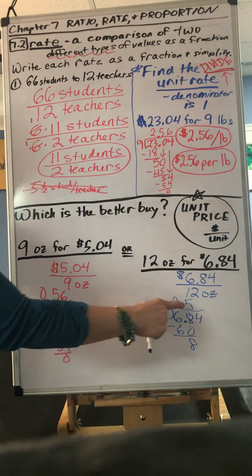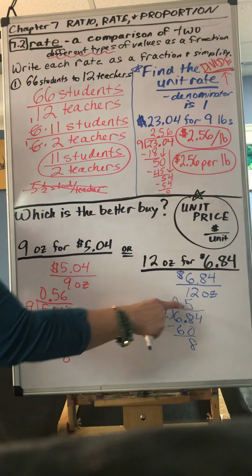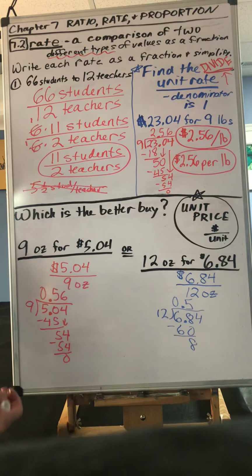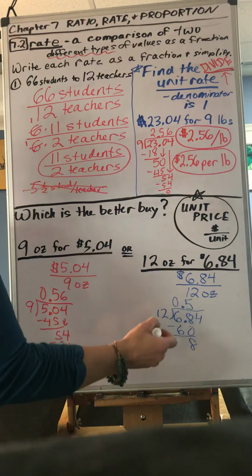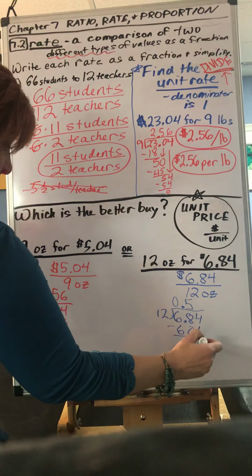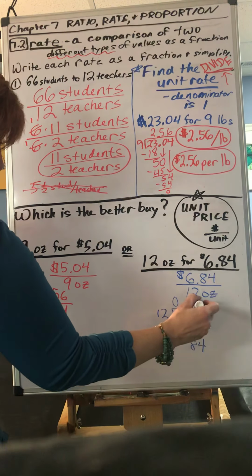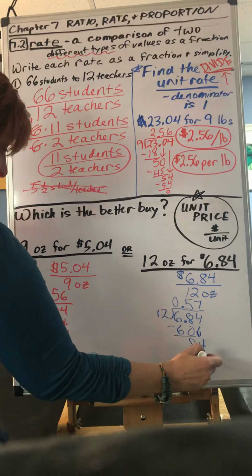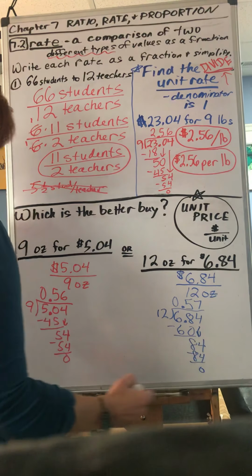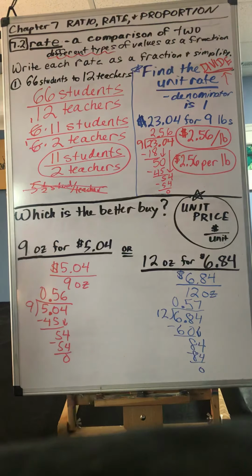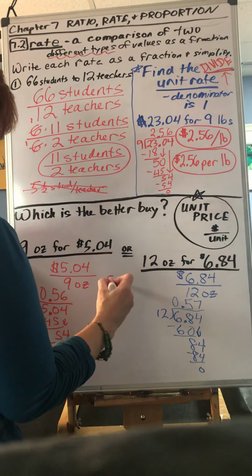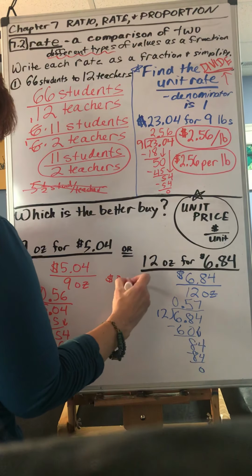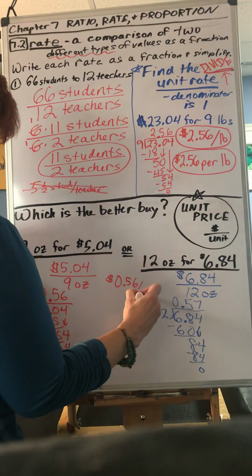Now at this point, I still can't tell which one is the better buy, so I need to keep going. If I were able to tell at that point, I could just tell you which one's the better buy. But I'm going to bring down the 4. 12 goes into 84 7 times with no remainder. So the first one has a unit price of 56 cents per ounce.